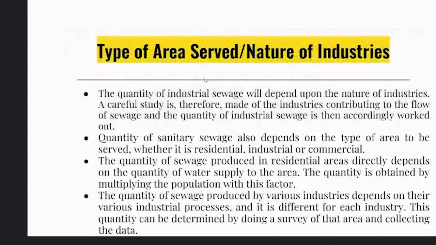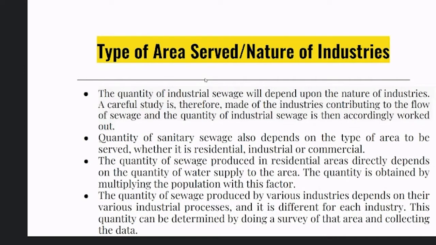Next factor is the type of area served or the nature of industries. The quantity of industrial sewage will depend upon the nature of industries. A careful study is therefore made of the industries contributing to the flow of sewage, and the quantity of industrial sewage is then accordingly worked out. Quantity of sanitary sewage also depends on the type of area to be served, whether it is residential, industrial, or commercial.